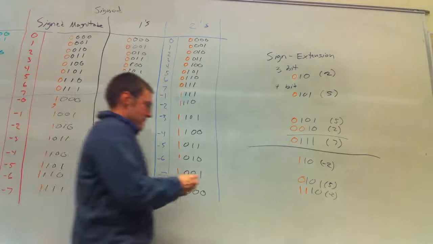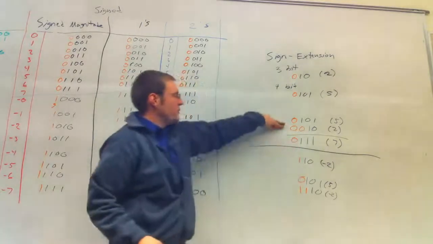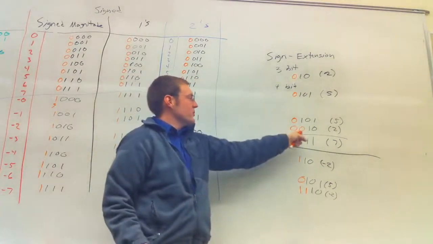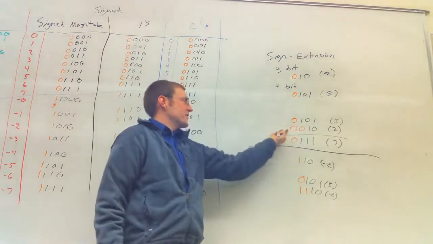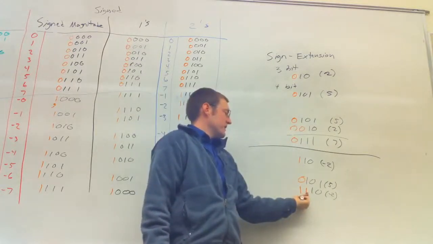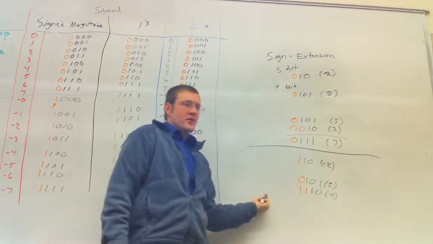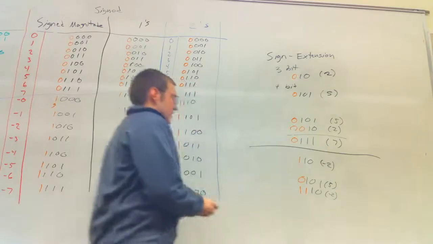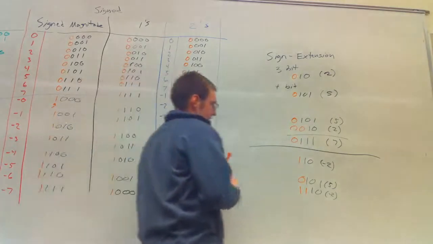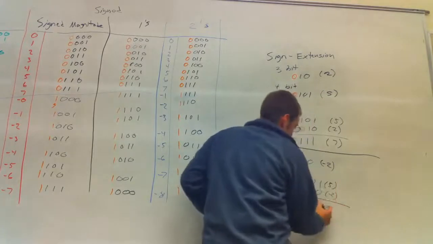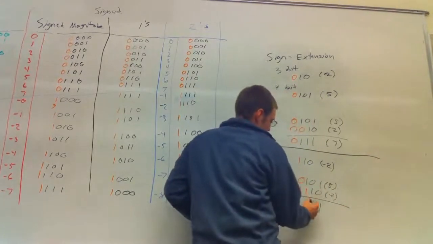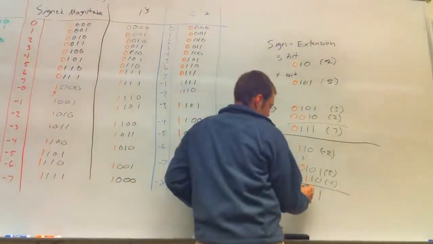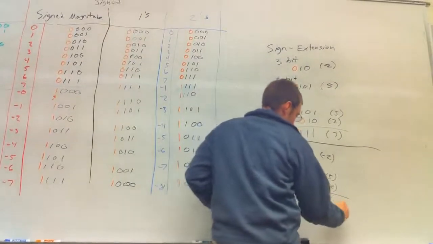So in a positive number, when we sign extend, we add the 0 over. In a negative, we do ones all the way over in sign extend. So if I do the math here, 1, 1, 0, 0, 1, we get.